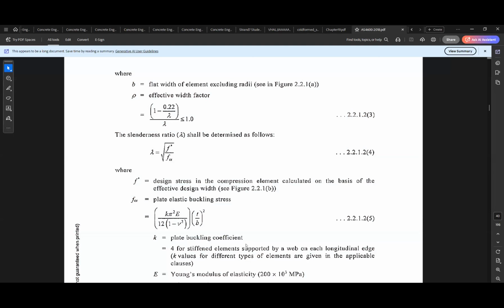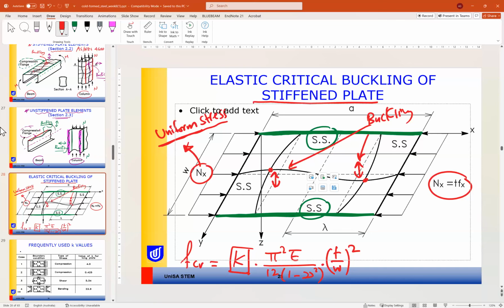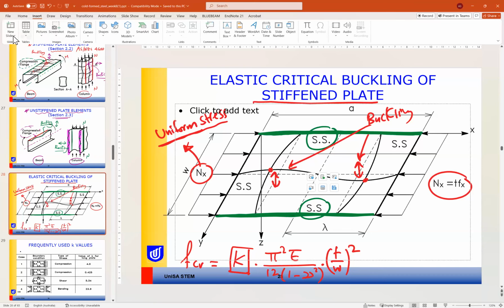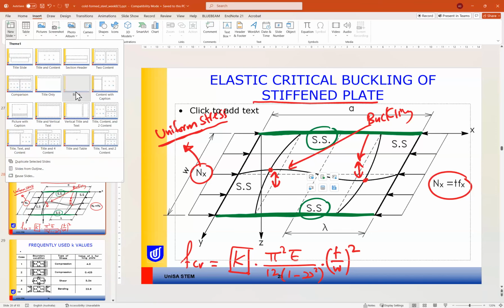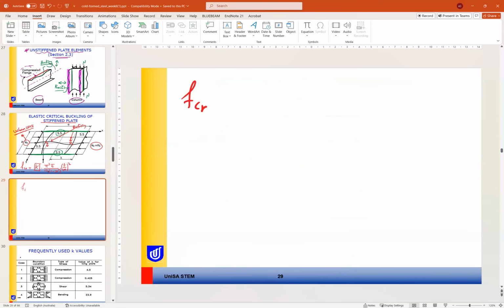What does the formula mean, or what are the formula parameters? Let's write it down here. The critical buckling stress is the critical stress when the buckling starts. So after this stress, the plate will buckle. Before this stress, the plate will not buckle.